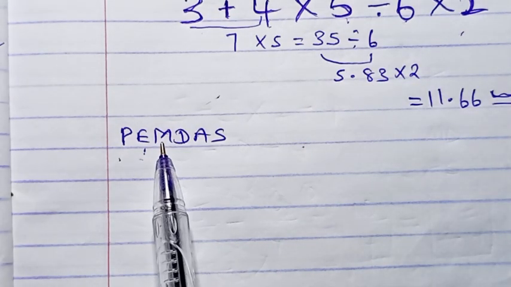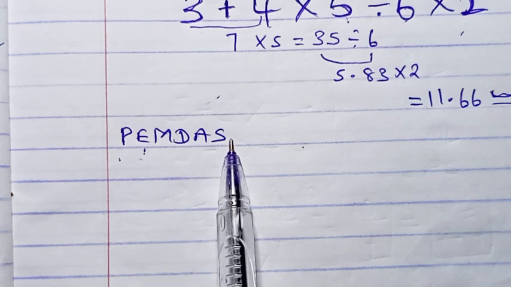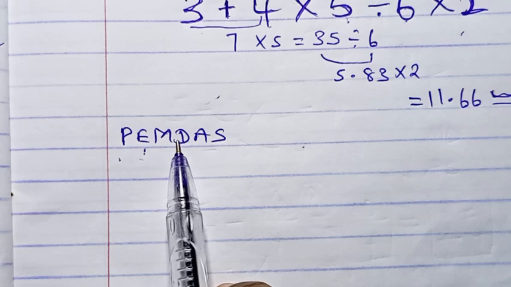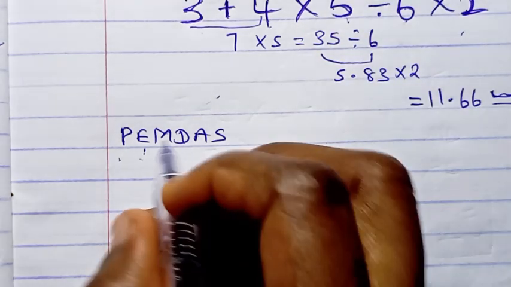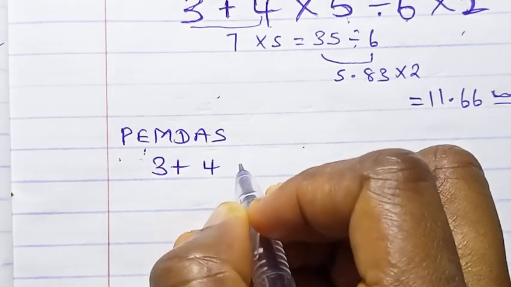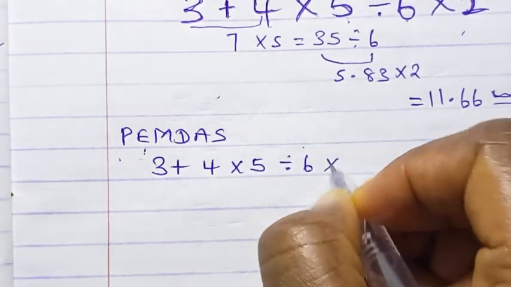Your M is multiplication, your D is division, A is addition, and S is subtraction. So we are going to follow the operations in order so that we can get our correct answer. So I'm going to write the question again so that it will be clear. 3 plus 4 times 5 divided by 6 times 2.